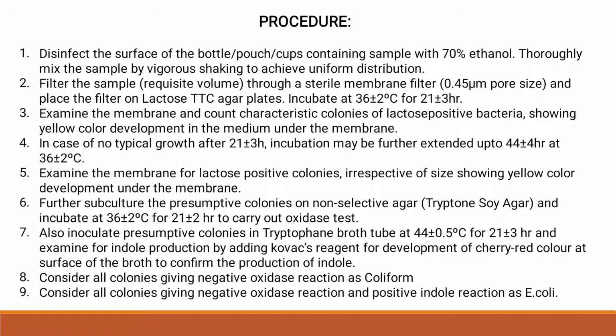Then consider all colonies giving a negative oxidase reaction as coliform. Then consider all colonies giving a negative oxidase reaction and a positive indole reaction as E. coli. If blue color is developing and it shows a positive indole reaction, it indicates E. coli presence.